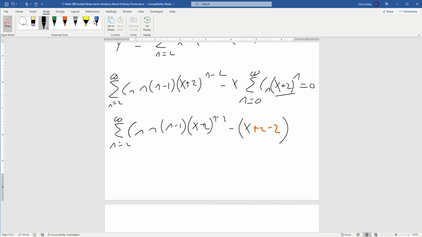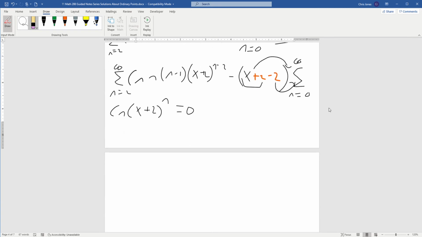All right, now we're still going to have the series n equals 0 to infinity, c sub n, x plus 2 to the nth power equals 0. And what we're going to do is distribute. We are going to take this quantity x plus 2 and distribute it to a series, and then we're also going to make a third series and distribute that negative 2. And remember, it's the opposite of negative 2, so eventually it's going to turn into a positive. Okay, so let's just do some distribution here.